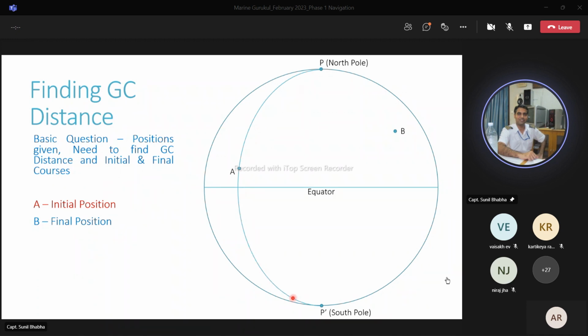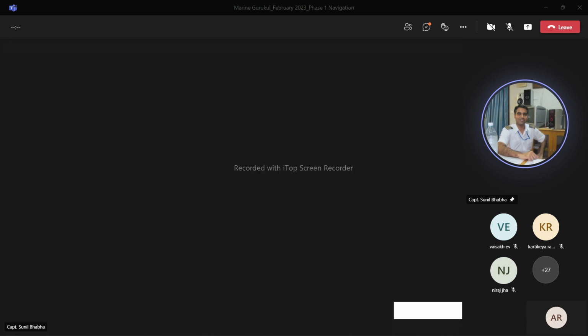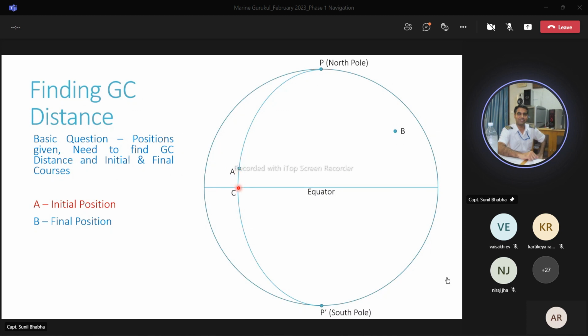This meridian is passing from the North Pole as well as from the South Pole, and this meridian also passes from my initial position A. So this is my initial position A's meridian. Now this meridian cuts the equator at a particular point. Let's name that point as C. So we have the C point on our plot now.